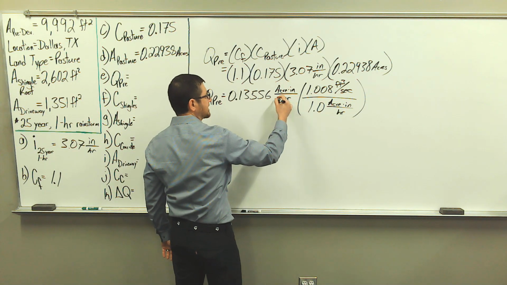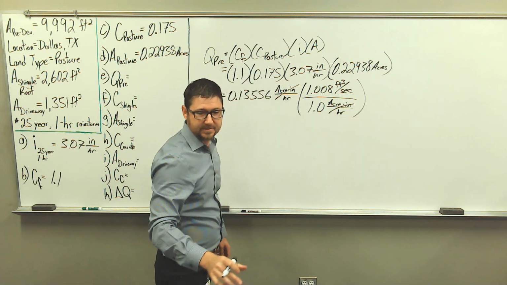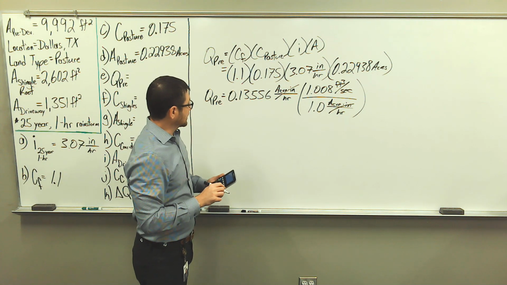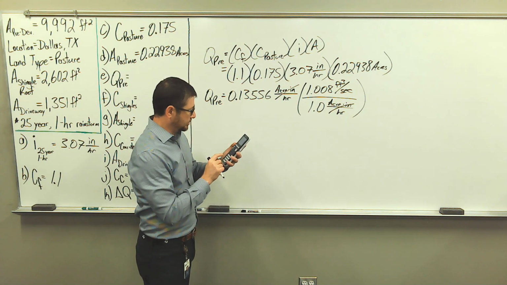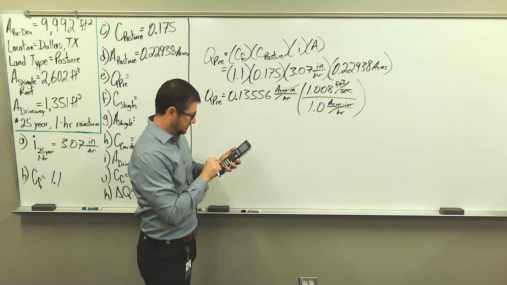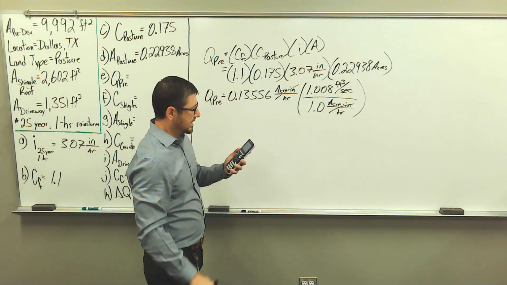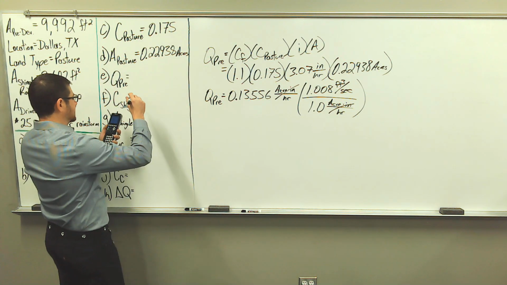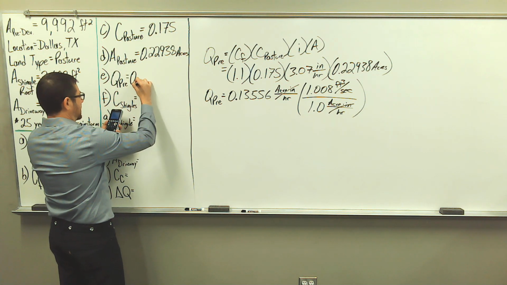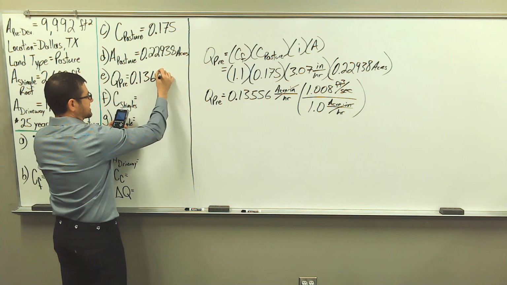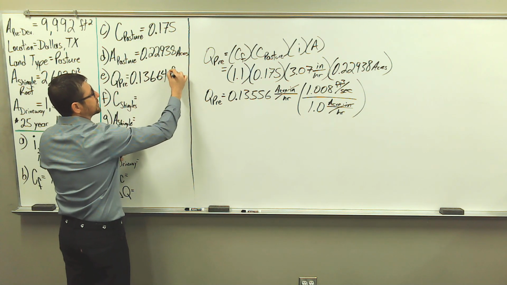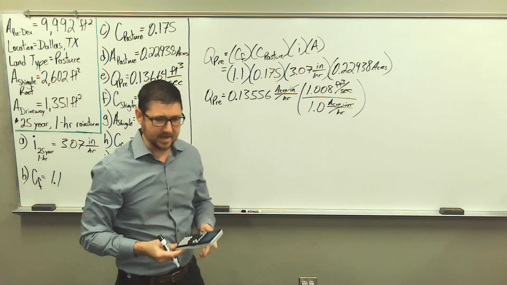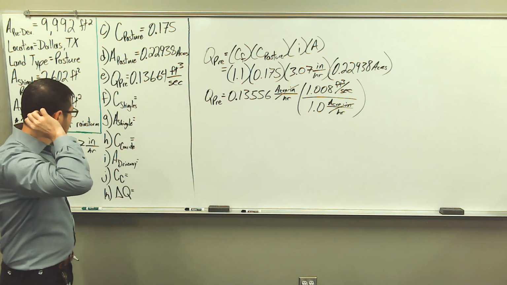You can see that our acre-inches per hour unit will cancel. So we're going to multiply this value by 1.008, and this will give us 0.13664 cubic feet per second. Okay? All right, moving on.